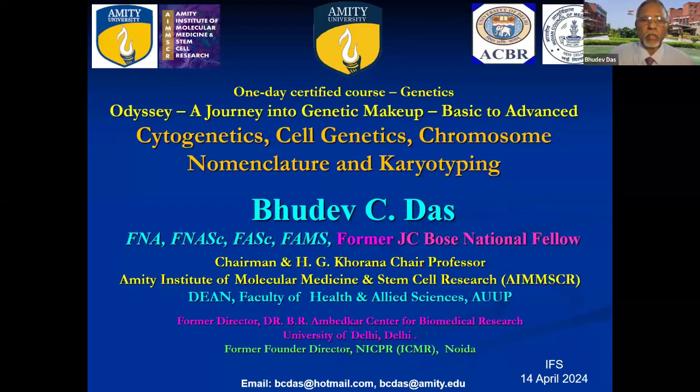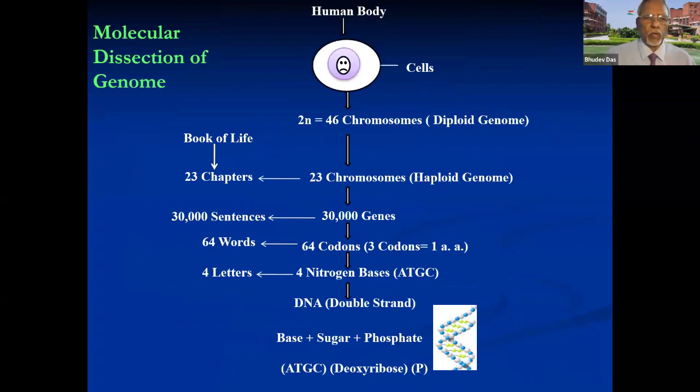Okay. So thank you for inviting me to have interactions with the audience for the talk that I have been assigned: cytogenetics, or cell genetics, and chromosome nomenclature and karyotyping. This is a molecular dissection of the genome, or in a nutshell, the life story.